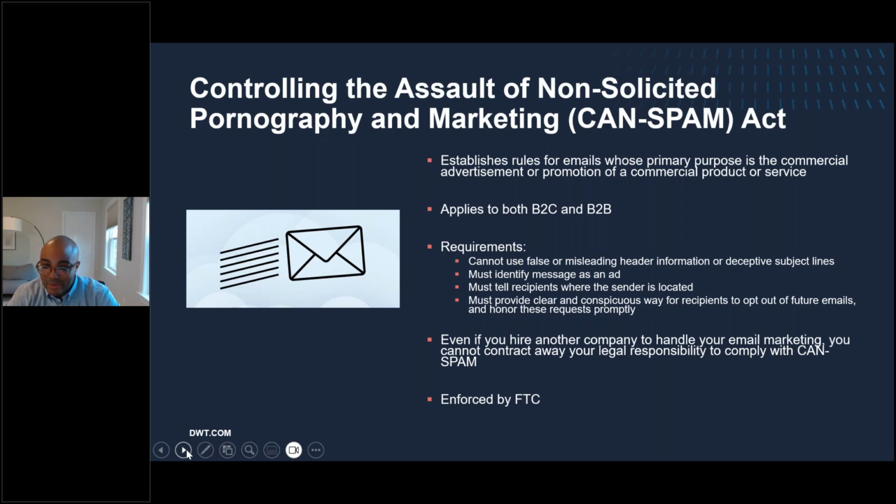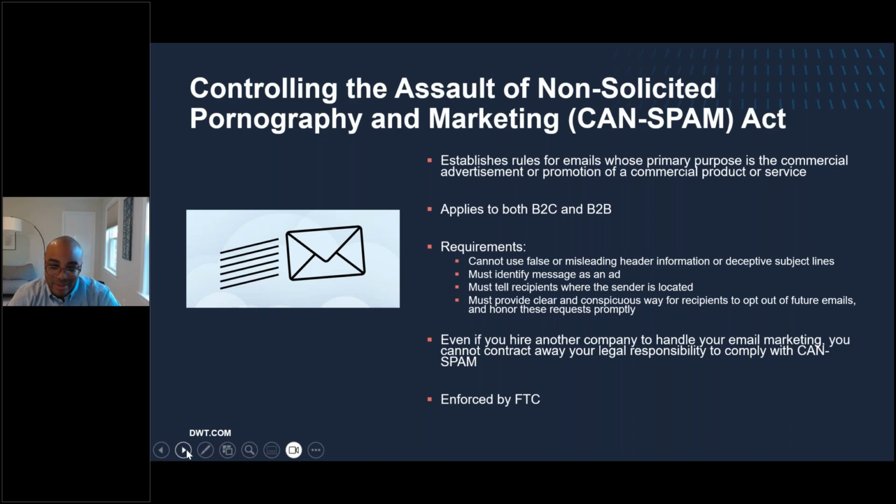And the requirements, which are listed here, have more details if you were to look at the act. But essentially, the CAN-SPAM Act bars the use of any false or misleading header information or deceptive subject lines. If you see weirdly constructed subject lines that tend to entice folks to engage in some kind of commercial transaction, that's not allowed.